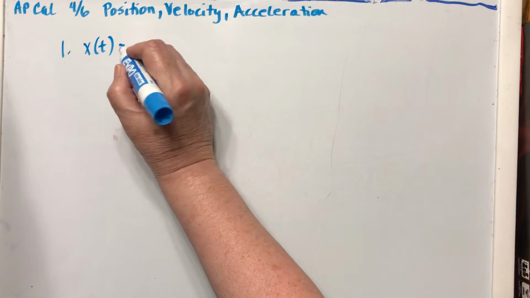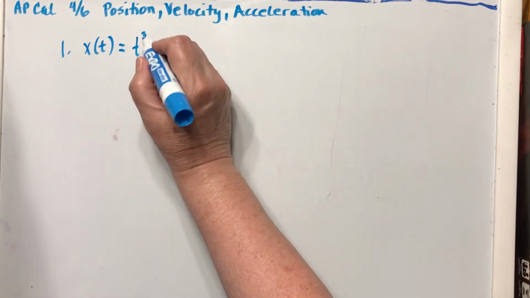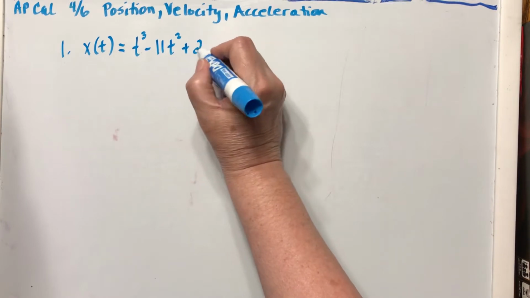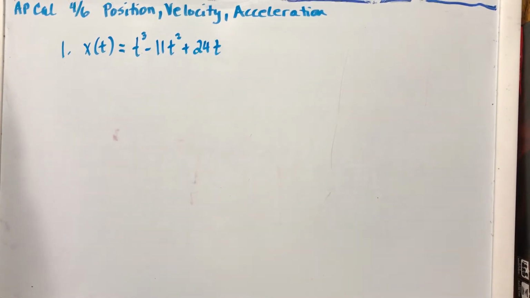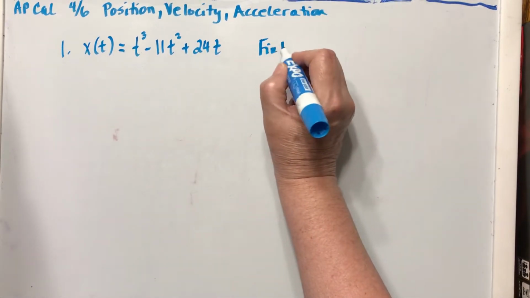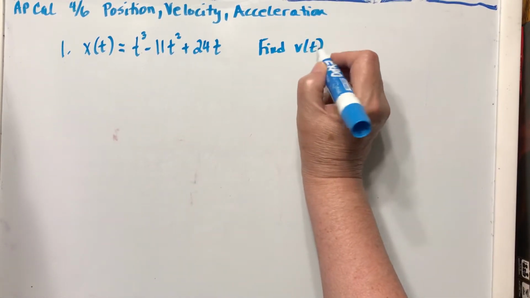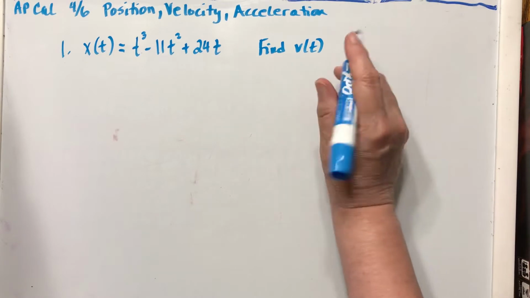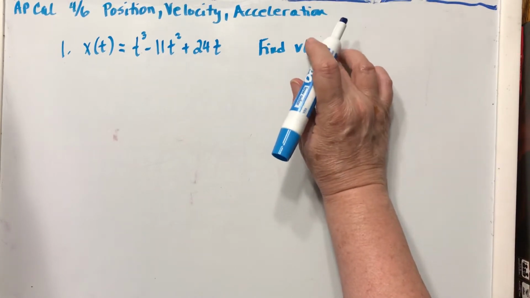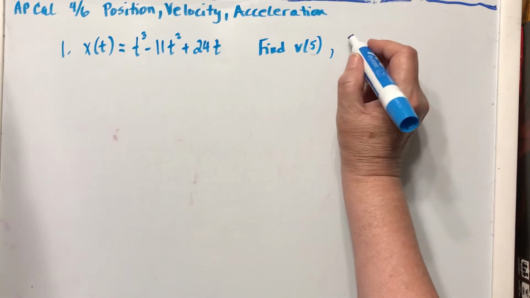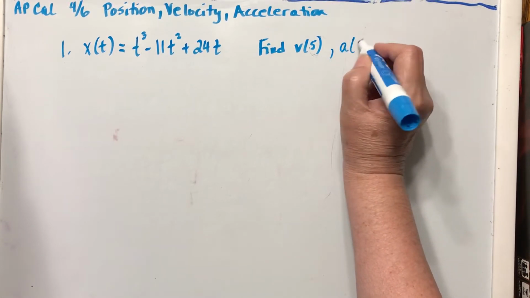So x of t, our position function, is t to the third minus 11t squared plus 24t. It says to find the velocity function, so we're trying to find v of t, and find the acceleration at time t equals 5. So we're trying to find v of 5. After 5 seconds, find its velocity and find its acceleration.